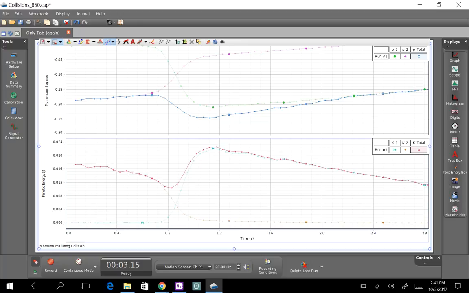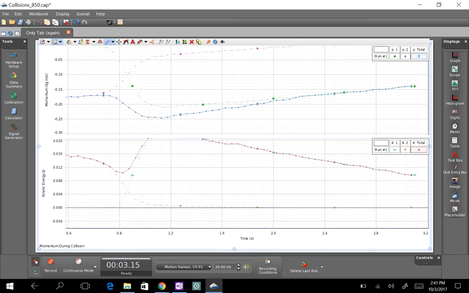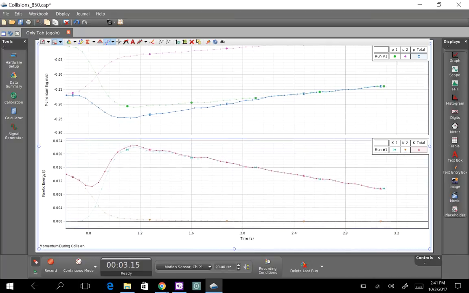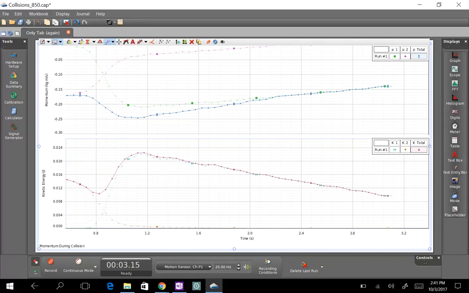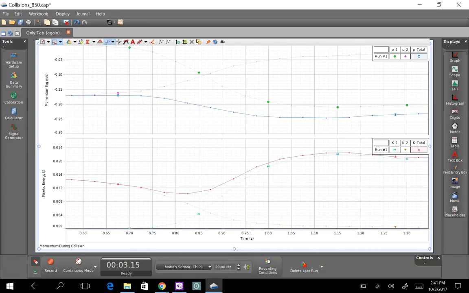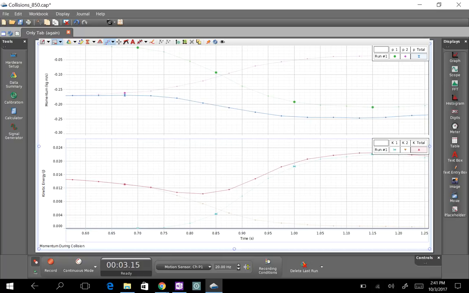Now, for analysis, you want to identify where the collision occurred and just have about 3 data points before to 3 data points after. So there's about 3 data points before. There's about 3 data points after.